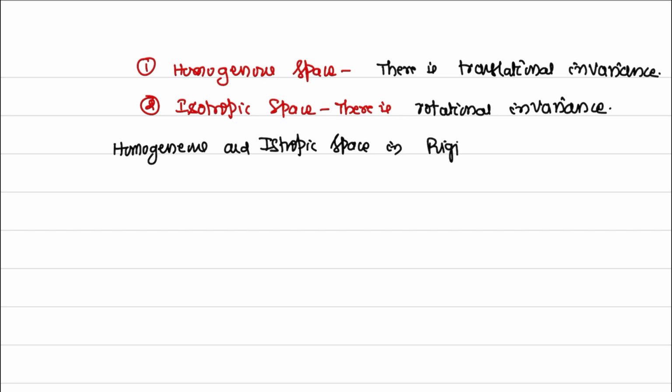In this sense, we are simplifying the rigid body motion. That means we are saying that there is a translational invariance and there is a rotational invariance.